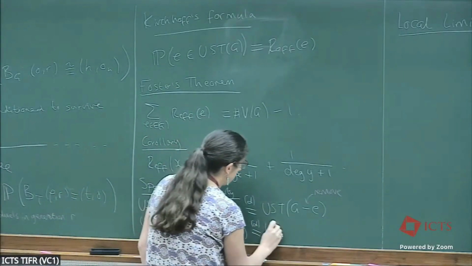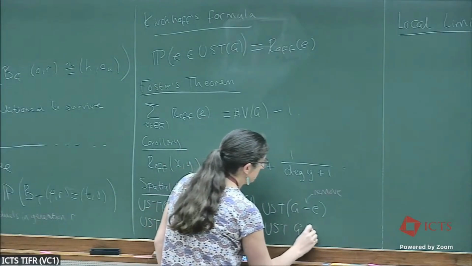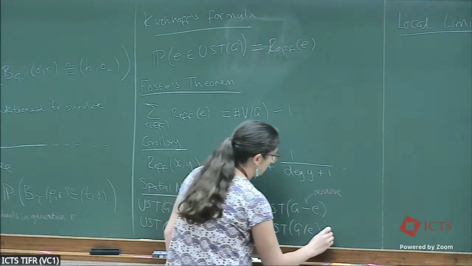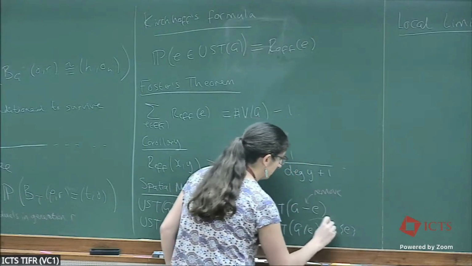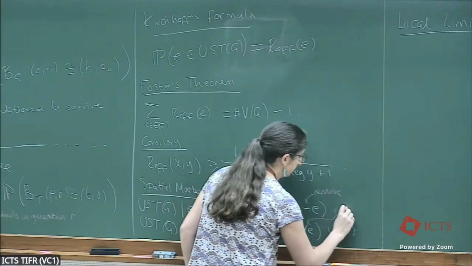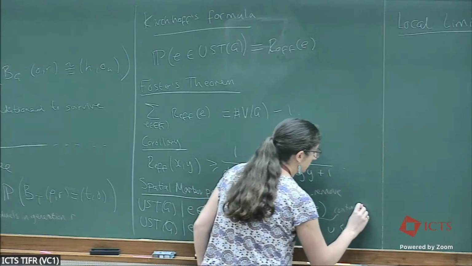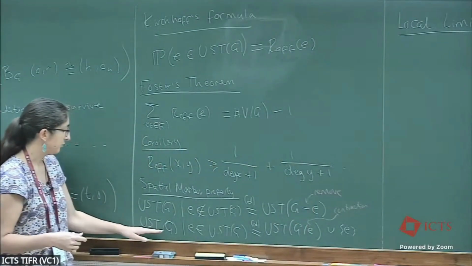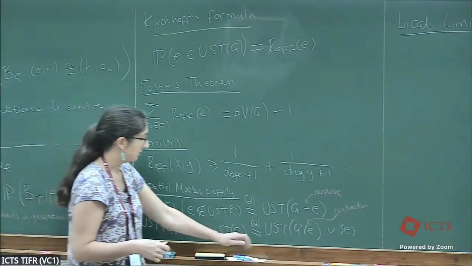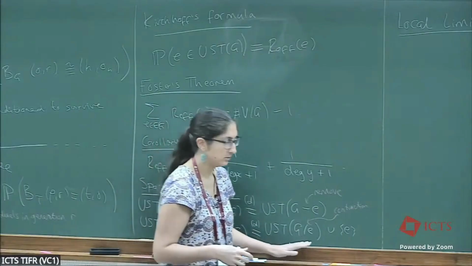So you take UST of G in which the edge e has been contracted, and of course you have to add back the edge e. So this is contraction. Again, there's a bijection between spanning trees of G containing this edge and spanning trees of this graph. So that's why it's true.